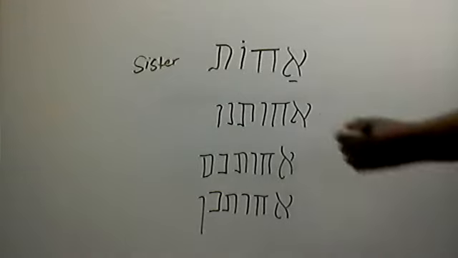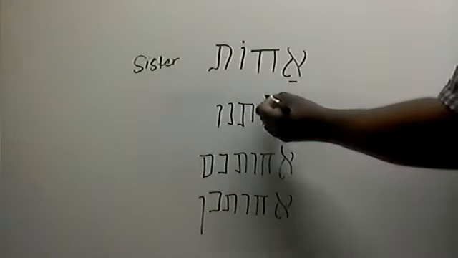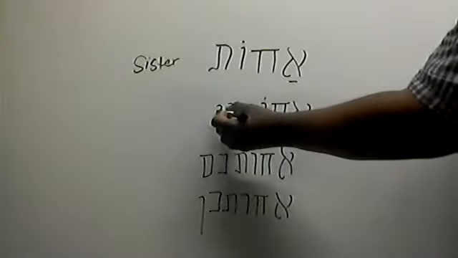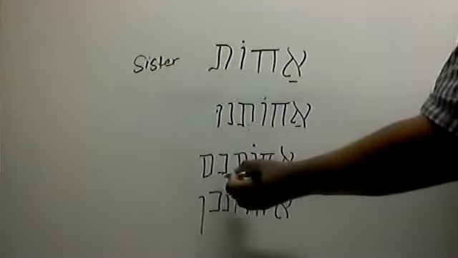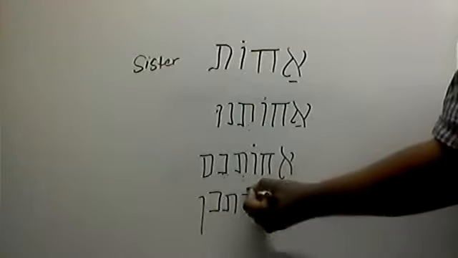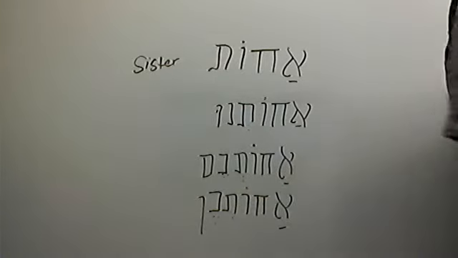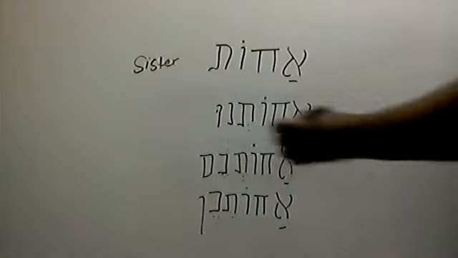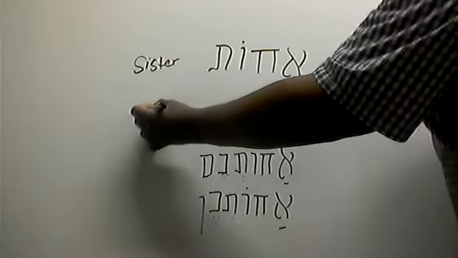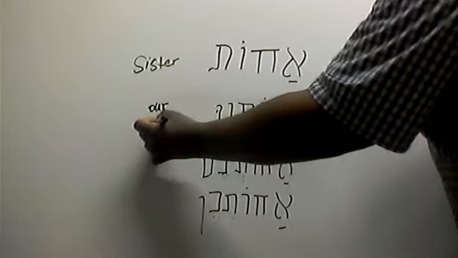Alright. You have Achotnu, Achotkem, Achotken. Now, what are the definitions of this right here? This here means our sister.